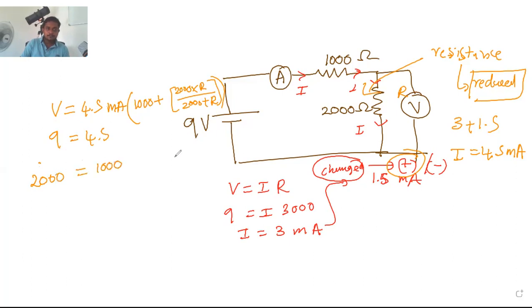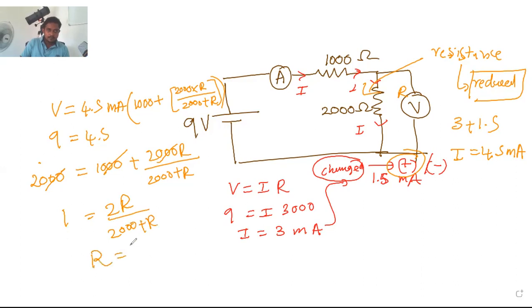1000 plus 2000 R over 2000 plus R. So when it goes to this side, you can cancel out 3 zeros. 1 is equal to R over 2000 plus R. So finally R you are getting 2000 ohms.